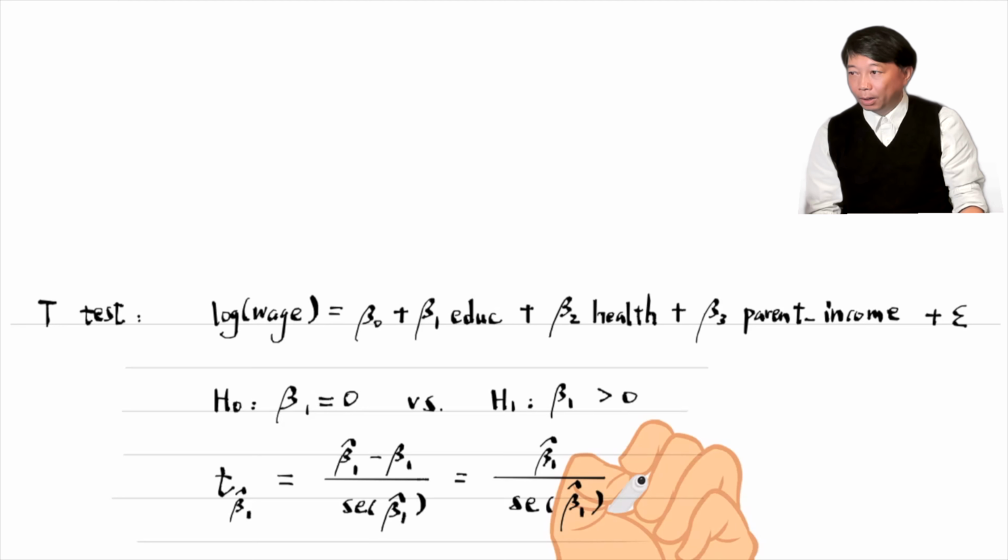Since the standard error of beta 1 hat is an estimate of the standard deviation of beta 1 hat, the T-statistic measures how many estimated standard deviations beta 1 hat is away from zero. If it is far away from zero, it suggests that beta 1 is probably not zero, and we can reject the null hypothesis. The precise rejection rule depends on the alternative hypothesis and the chosen significance level of the test.